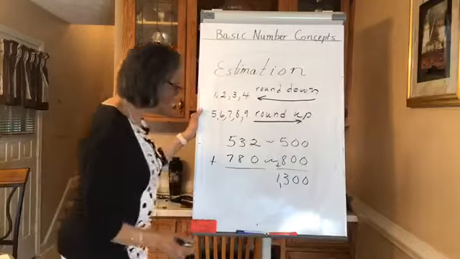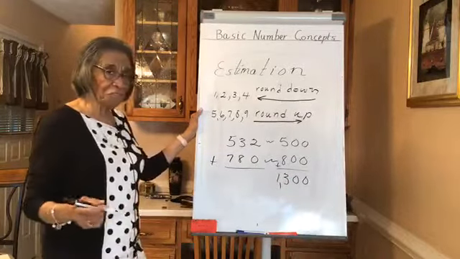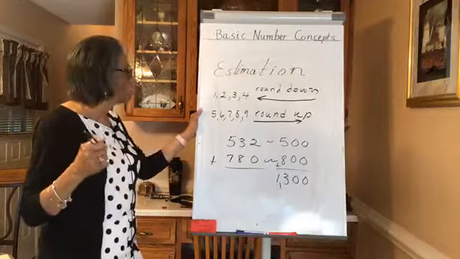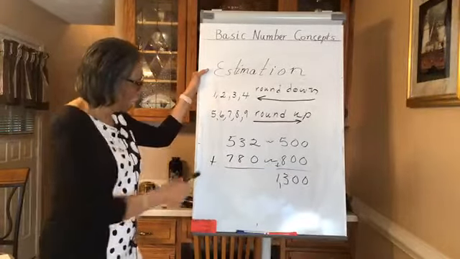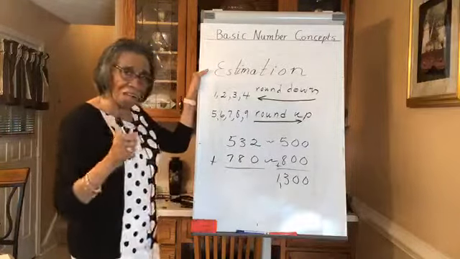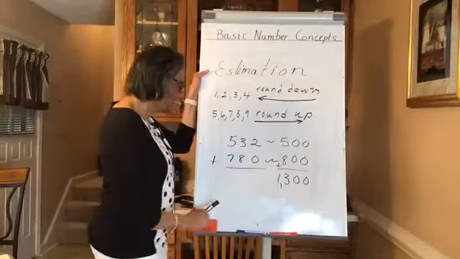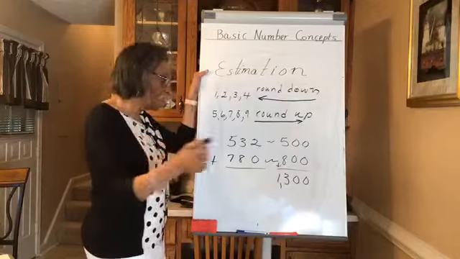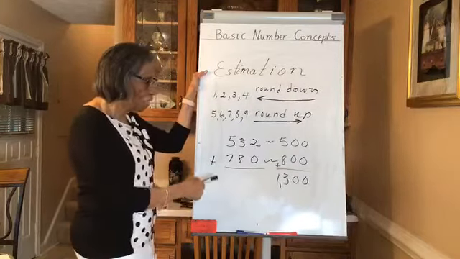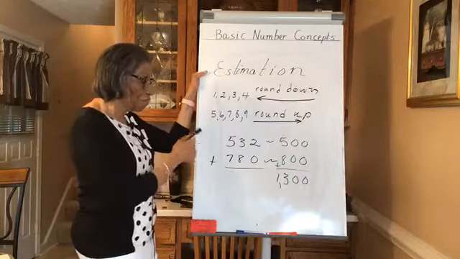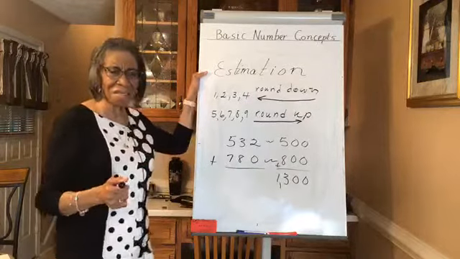All right. Now, some students, when you say estimate, will add it up and then round it off. No. Estimation just tells you to round it off. Then they may ask you for the exact value. And the reason we do this is so that we can see if our answer makes sense.